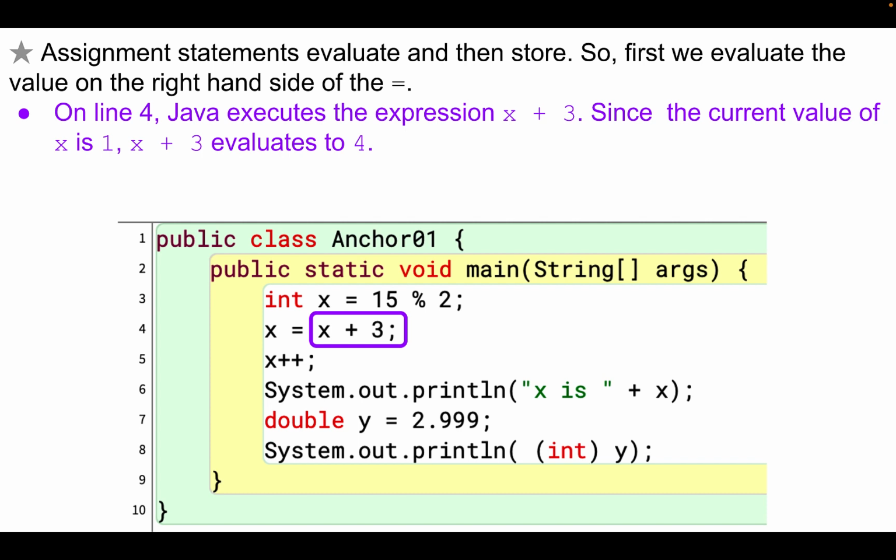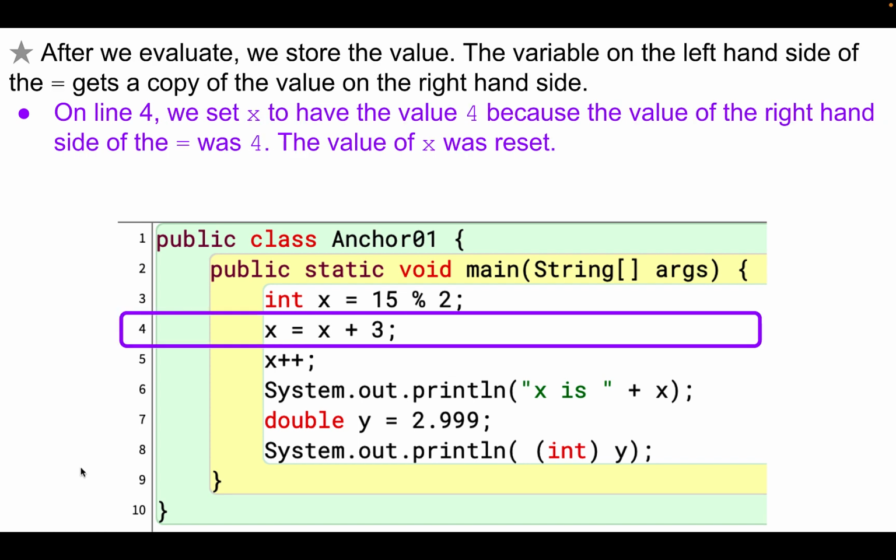Okay, so on line 4, Java executes the expression x + 3. Since the current value of x is 1, x + 3 evaluates to 4. After we evaluate, we store the value. The variable on the left-hand side of the equals gets a copy of the value on the right-hand side. On line 4, we set x to have the value 4 because the value on the right-hand side of the equals was 4.